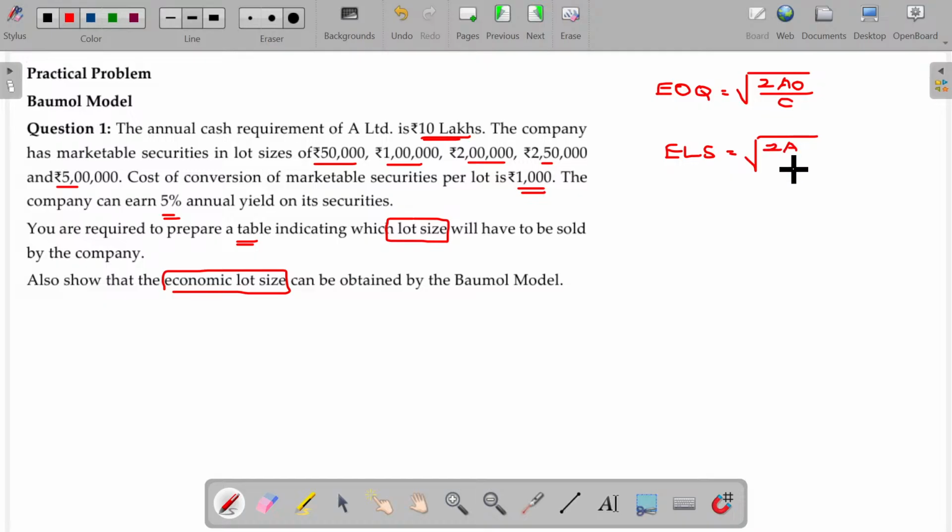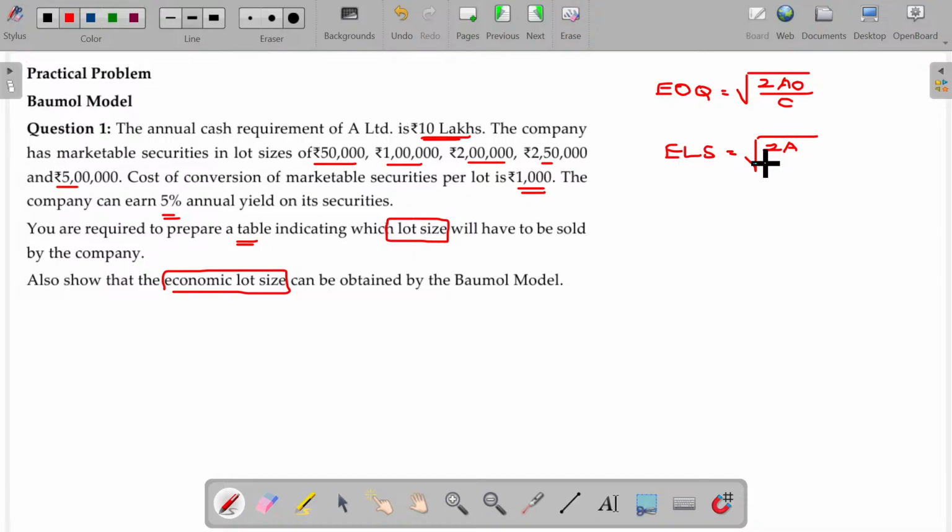The formula has the annual requirement in rupees; there it is the annual requirement in quantity, right? Here, annual requirement of cash. There it's ordering cost; here it's nothing but conversion cost. Conversion cost means you may deposit the FD, you withdraw the FD. If you keep the amount in current account, you don't get any interest.